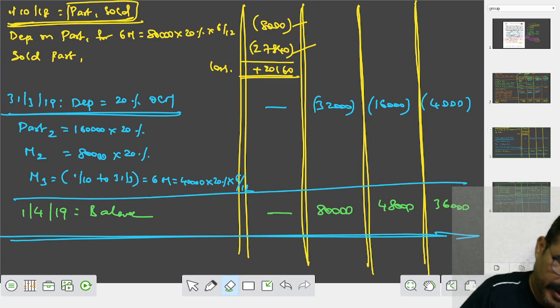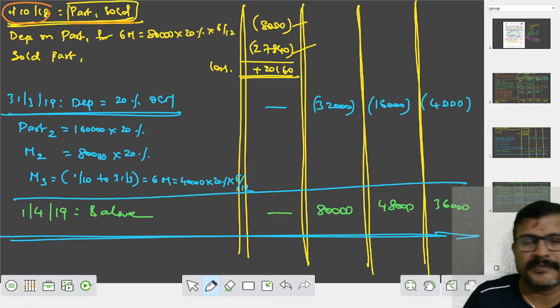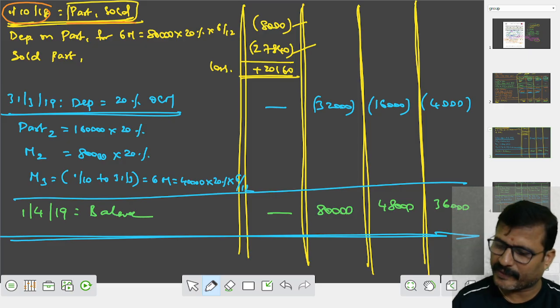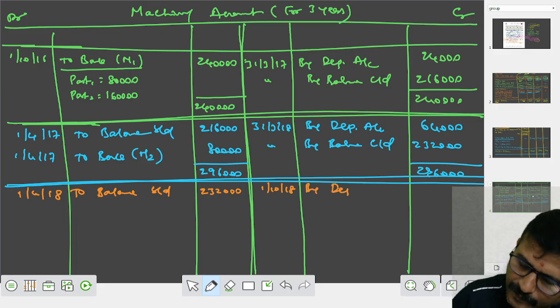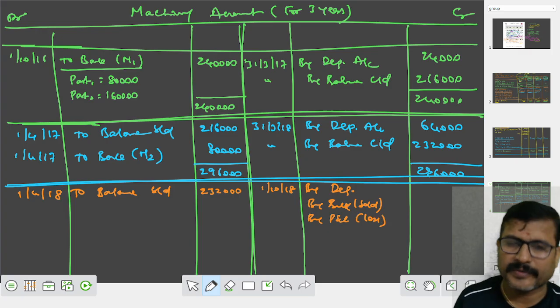What happened in the last year? On October 18, part 1 is sold. What is sold? Part 1. When? 1st October 18. By depreciation, by bank as a sold, by P&L as a loss.